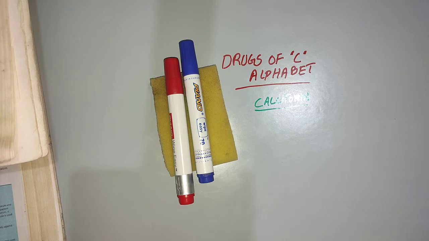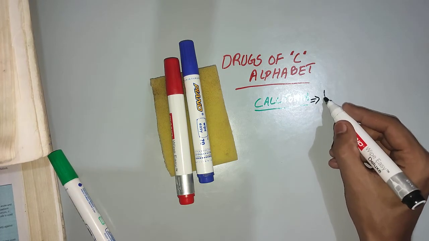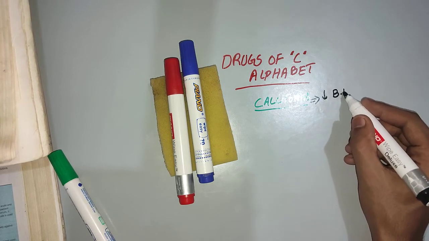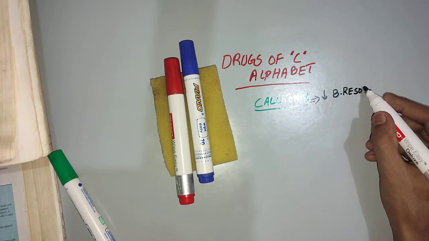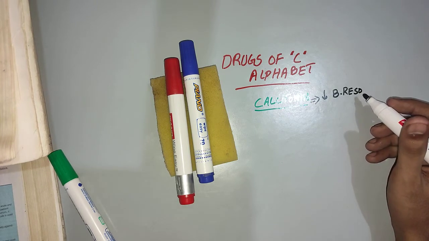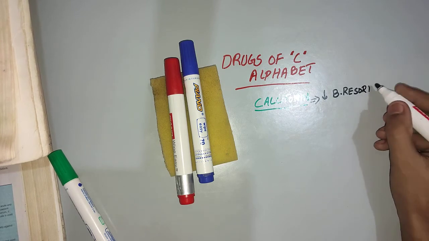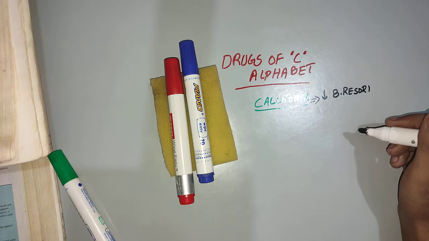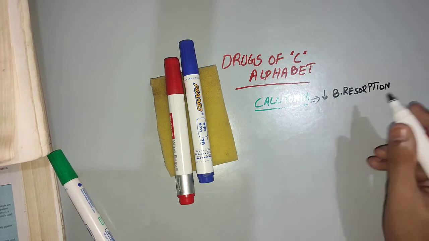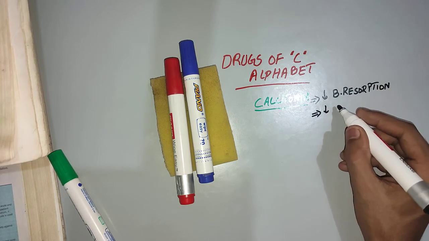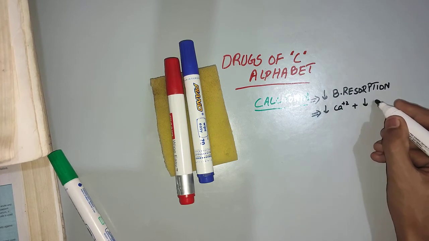This hormone decreases bone resorption, and due to the decrease in bone resorption, it lowers serum calcium and phosphate level. So calcitonin results in decreased serum calcium plus decreased serum phosphate.